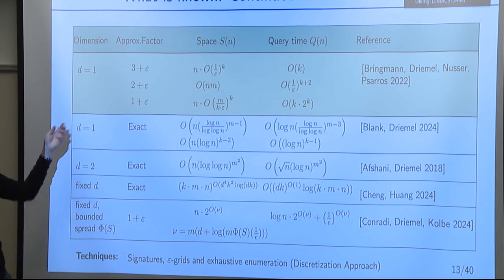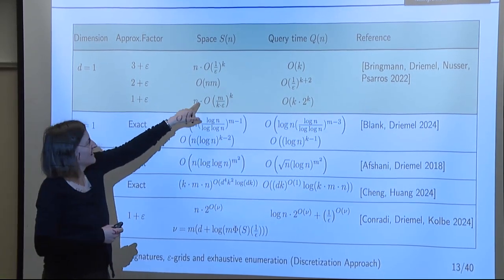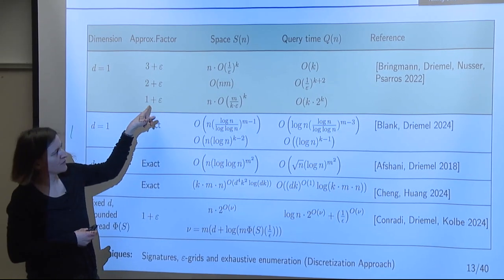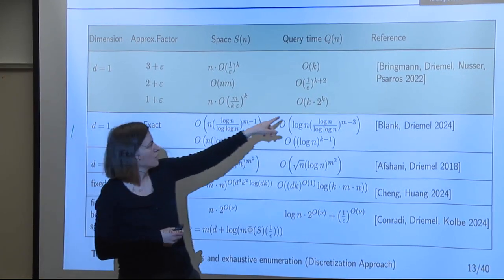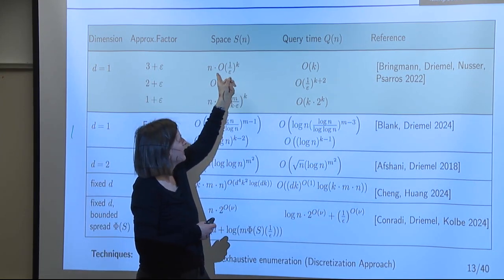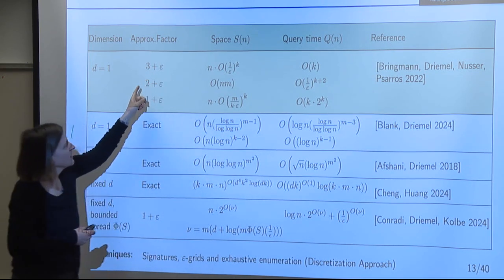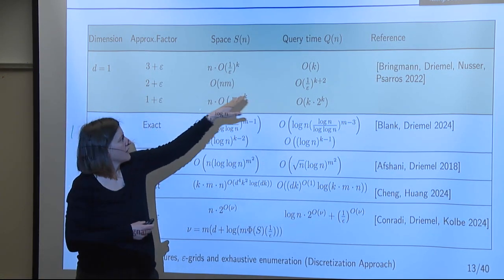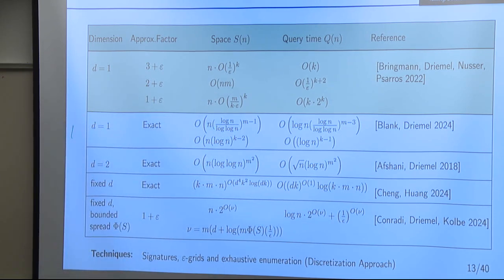We don't get these nice bounds for 1/epsilon approximation. We get a higher space bound in particular, and also higher query time. But we do get the same bounds as the Filzer-Katz paper for 3+epsilon approximation. And then we also have something in between with linear space.